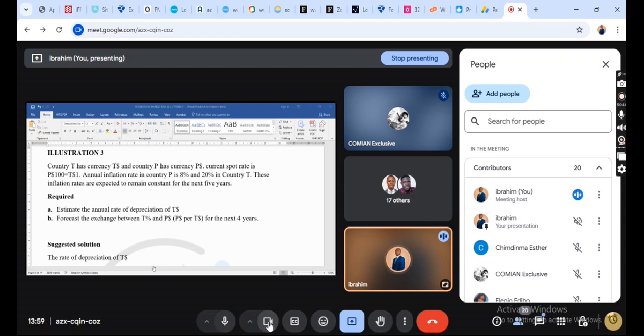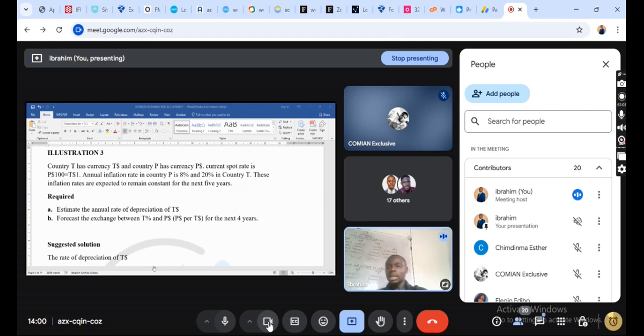Since Nigerian currency is not involved, the one that comes first is the domestic currency, the direct quote.